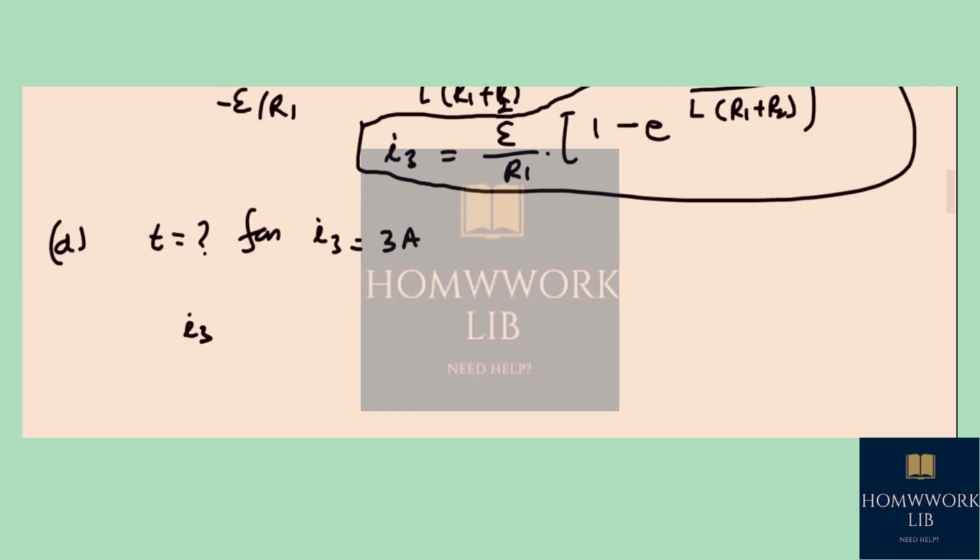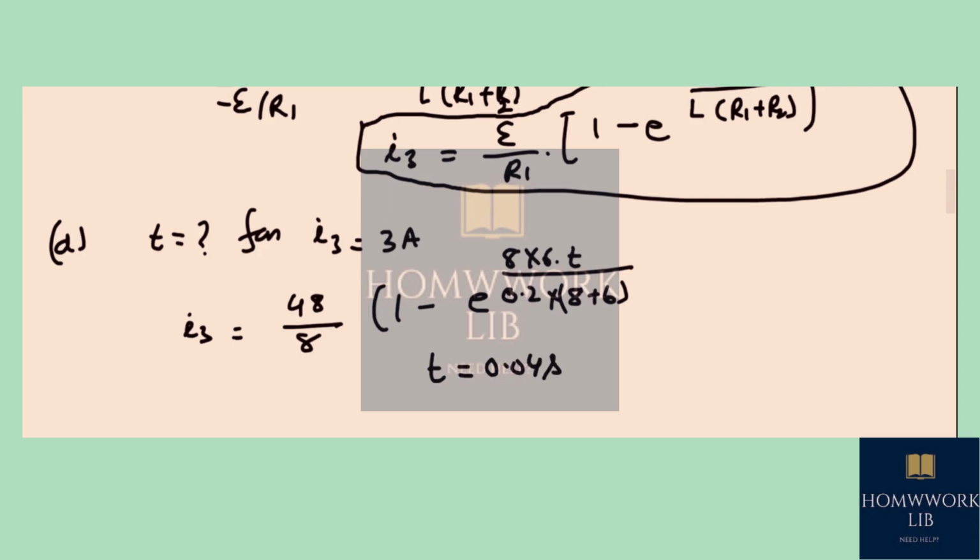So I3 is equal to 48 upon 8 into 1 minus exponential of minus 8 into 6 into t upon 0.2 into 8 plus 6. So t you will get 0.04 second.